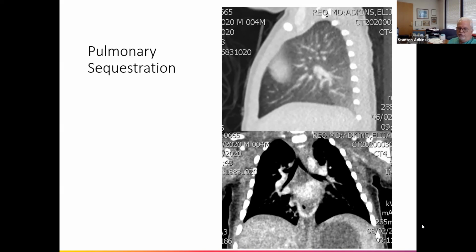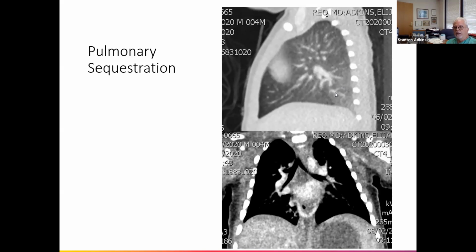And most of the time, that blood vessel is below the diaphragm. In this situation, you can see an artery coming off the aorta over here and going over to supply the medial aspect of the right lung.